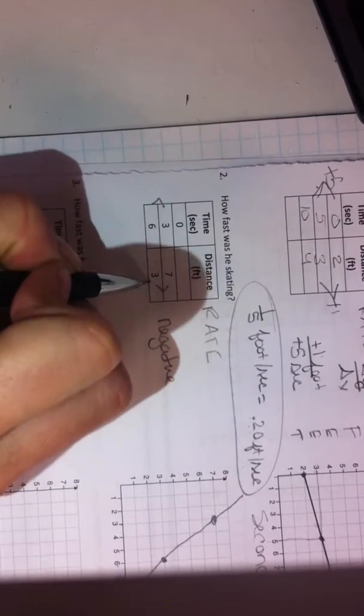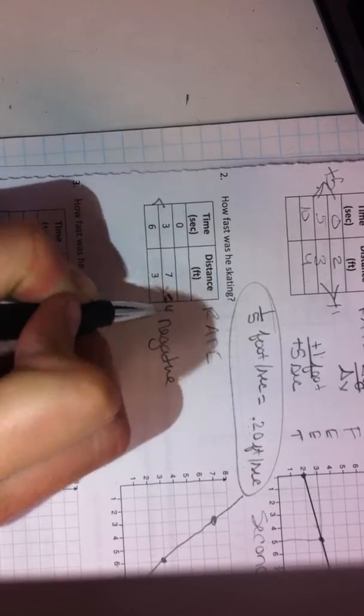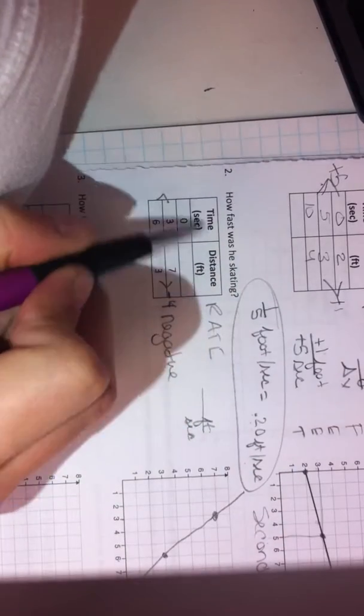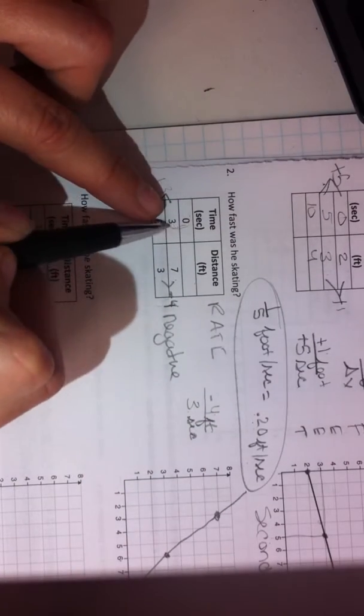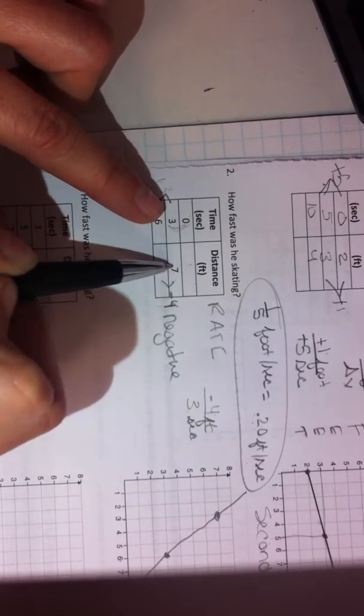So 7 to 3, I subtracted 4. My rate, remember, is feet over seconds. And we went down 4 feet, and we did it in 3 seconds. So every 3 seconds, you go down 4 feet. 3 seconds happened here, and it went down 4 feet.